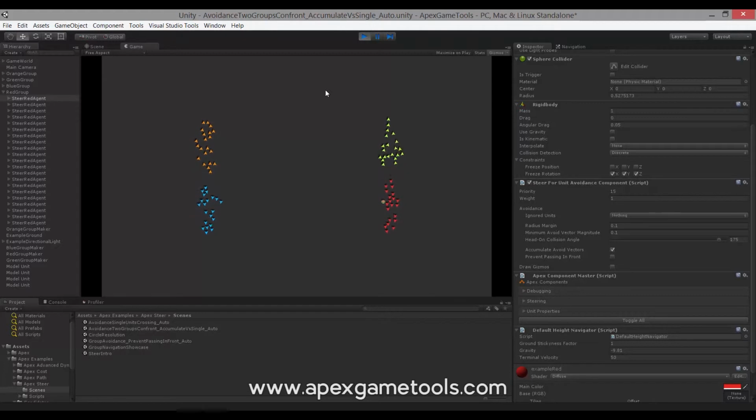Now for same sized units the difference is subtle. But what it will do is that for units that accumulate their avoid vectors, they will tend to form lanes between each other, whereas those that do not will be more likely to interweave with each other.